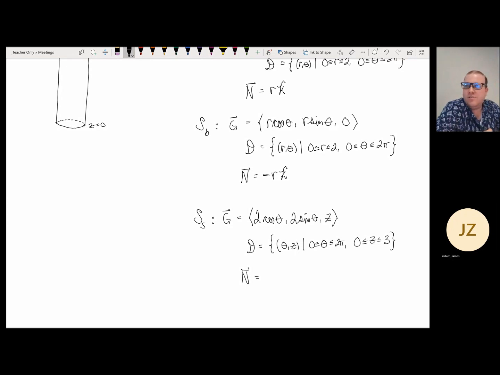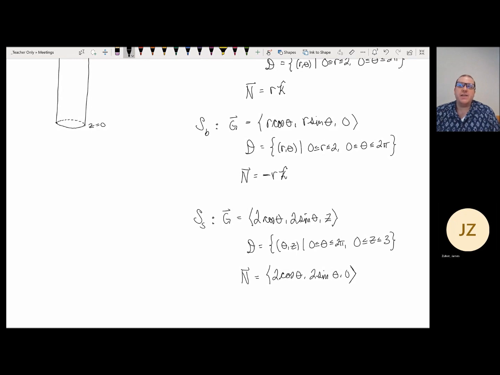Normal vector here, again, should be pretty easy to see. Two cosine theta, 2 sine theta, 0.